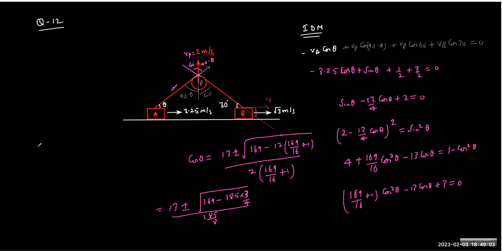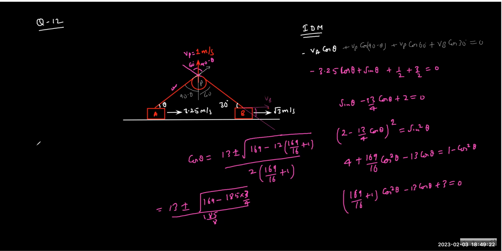So 169 into 4, we have to do this. I think this will be a nice value. 169 into 4 minus 185 into 3. It's 421.